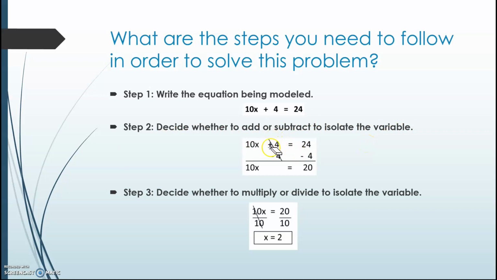Since it was adding, we do the opposite, so we subtracted. And then our next step is to decide if we multiply or divide. Right now it's saying 10 times a number, so it was multiplying, so we did the opposite and we divided to undo it.